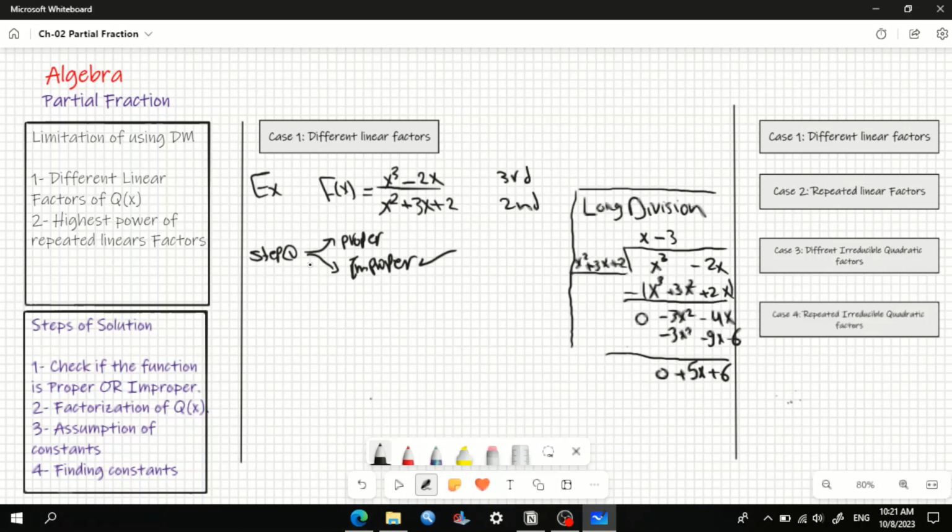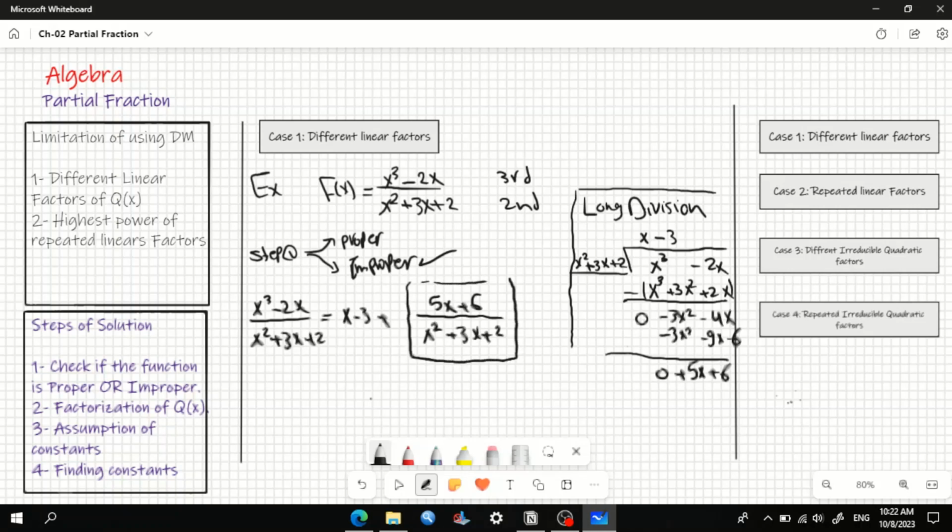So let's rewrite that. x cubed minus 2x over x squared plus 3x plus 2 equals x minus 3, plus our remainder 5x plus 6 over the divisor x squared plus 3x plus 2, and now we deal with this fraction.